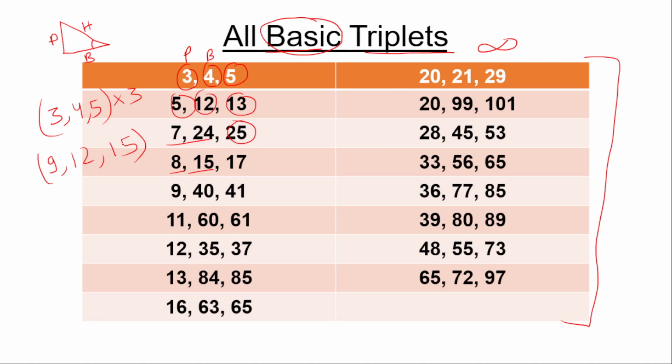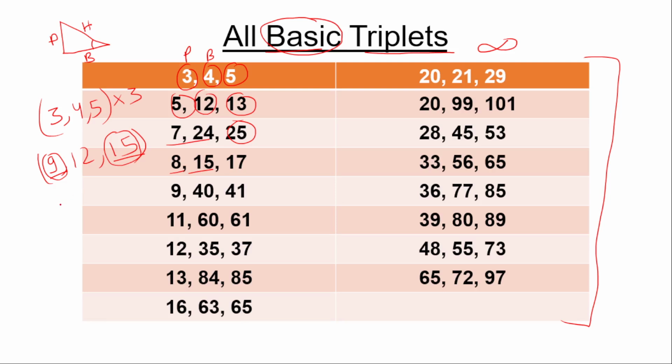For example, in the exam a question is asked in which you are given 9 and 15, meaning in a right angle triangle two sides are given, 9 and 15, and you need to find the third side to solve the question. So how will you do it? You will see that 9 and 15 are both divisible by 3, right?